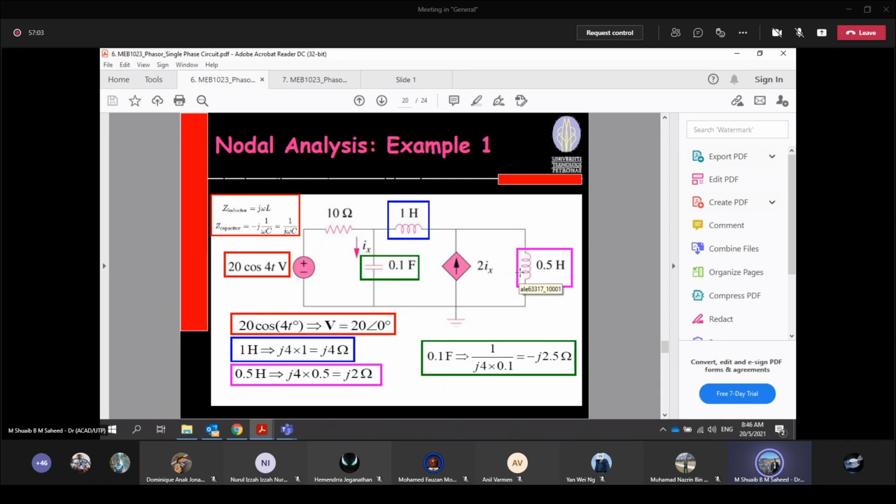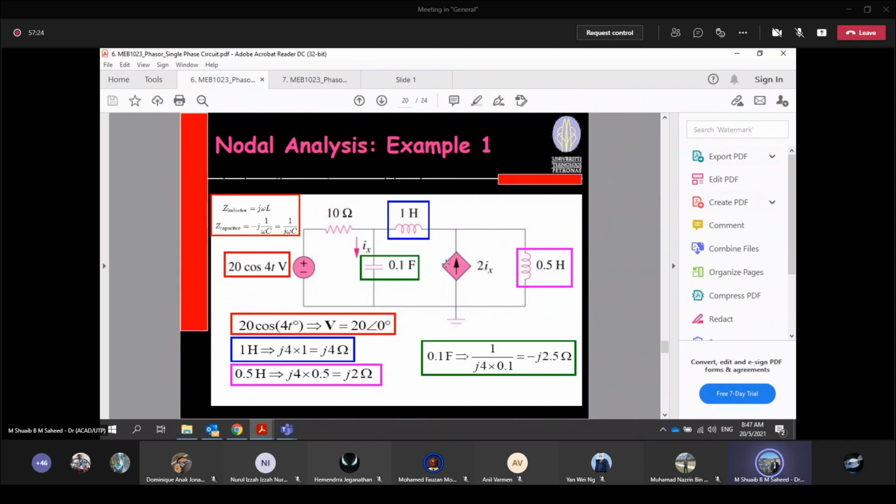Example. For your quiz, it will look something like this. Now you have a given voltage source, which will be known as an independent voltage source.